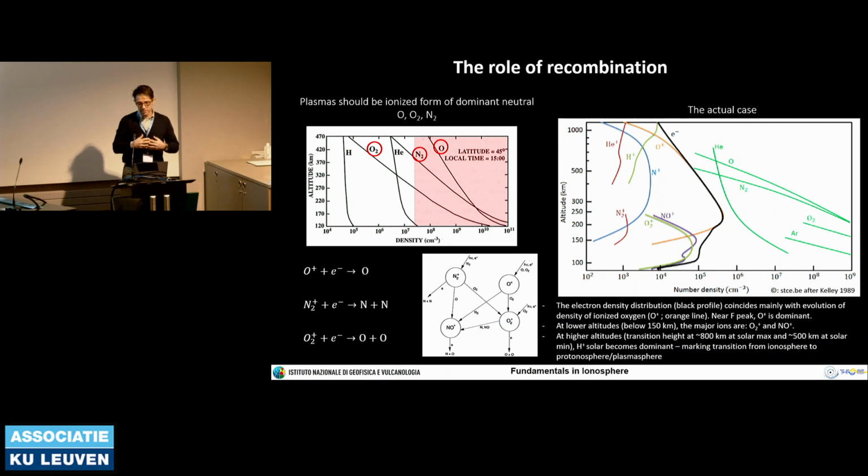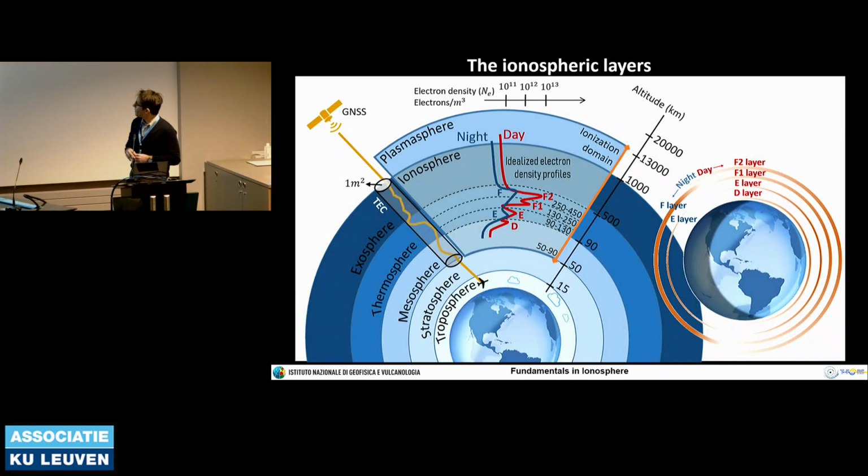So the most striking feature of this combination of various species is that the ionosphere, the plasma, has a vertical structuring. In particular, you may recognize here in blue and red the various layers that compose the ionosphere.